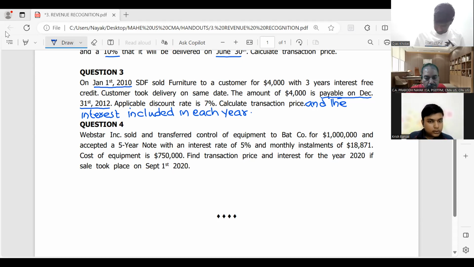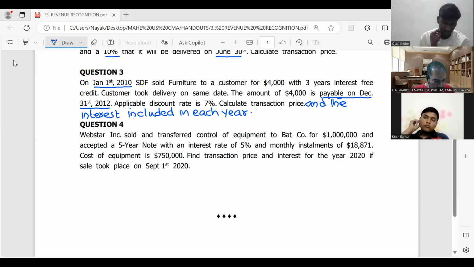Yes, Sujesh. The answer for this is the transaction price will be 863,838, and the interest for year one will be 863,838 of that 5%. So yearly interest will be 41,842.